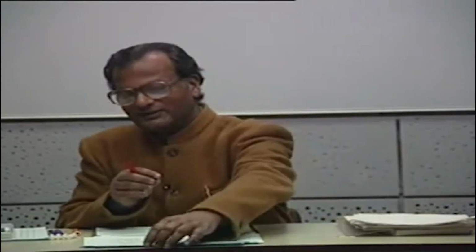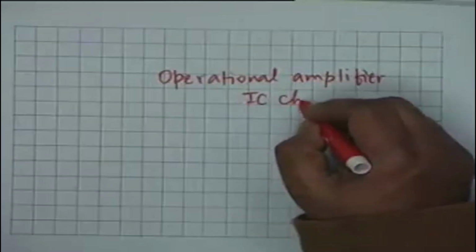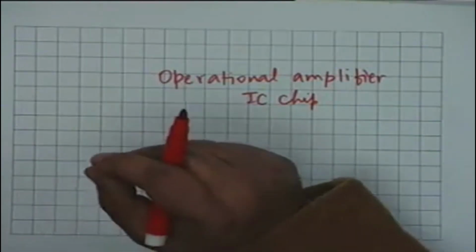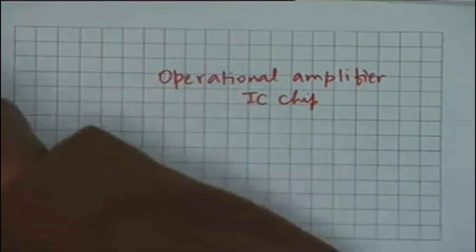An amplifier which comes very nearly equal to an ideal amplifier is the so called operational amplifier, which is available as an integrated circuit chip, IC chip, a small multi-terminal component.